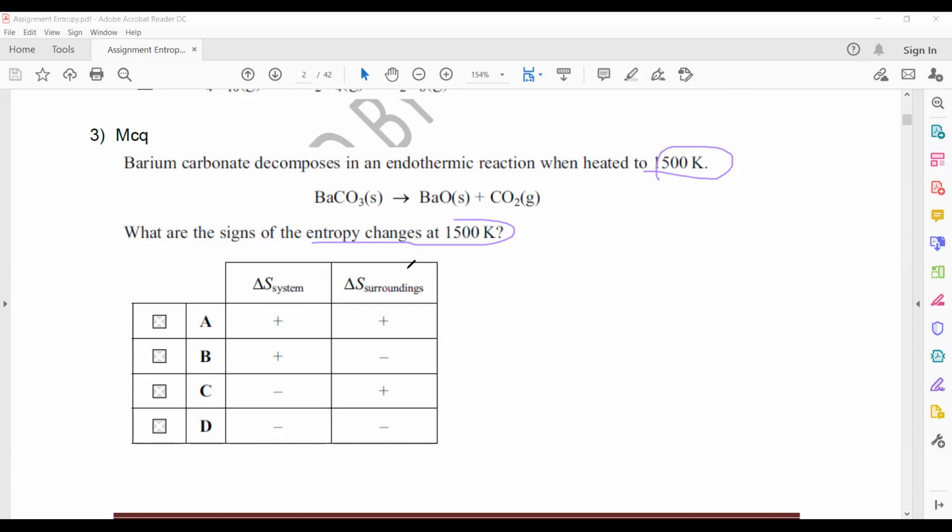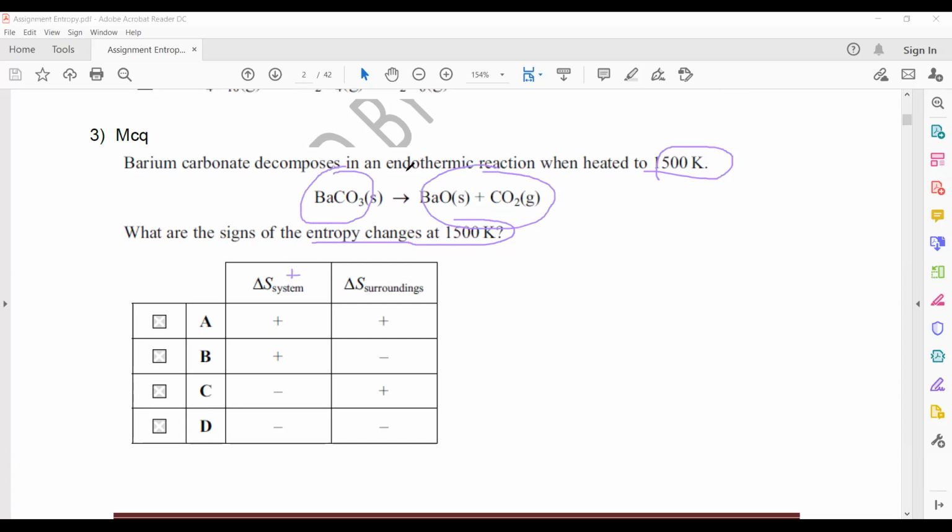Look, you can see there is a solid on the reactant side, but you have a solid and a gas on the product side. So the entropy of the system should be positive.